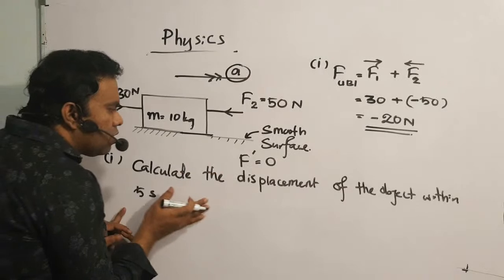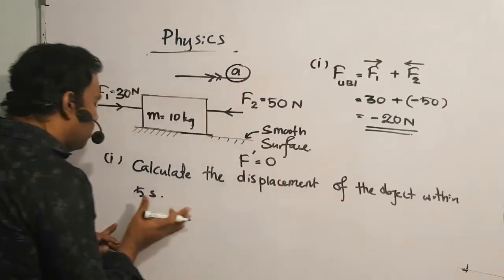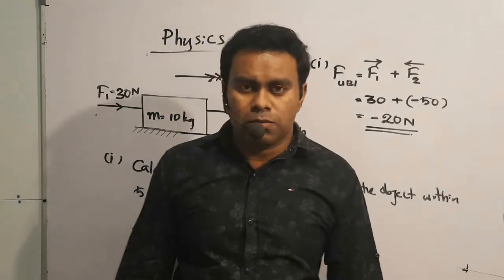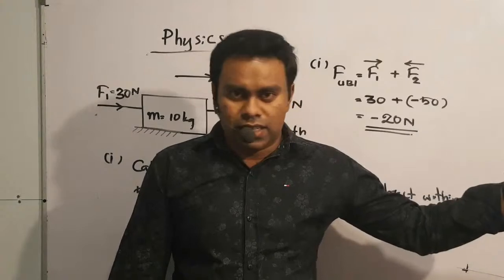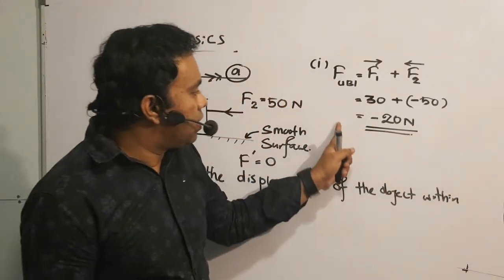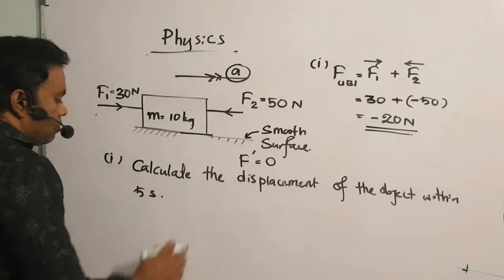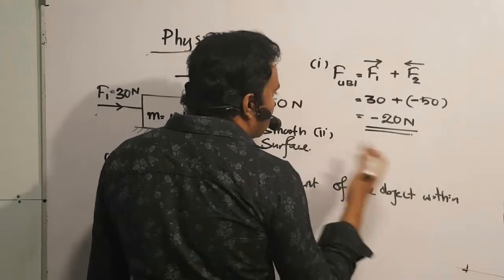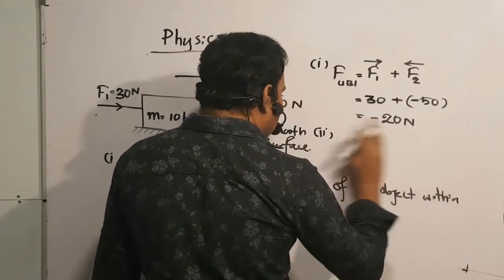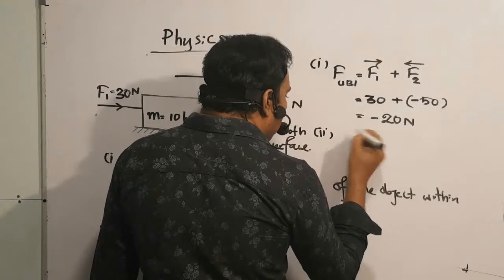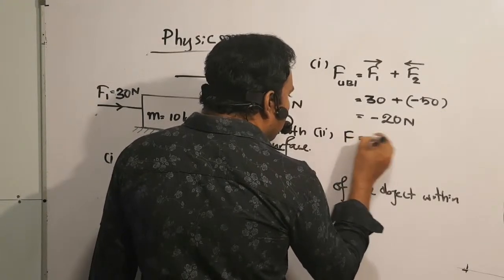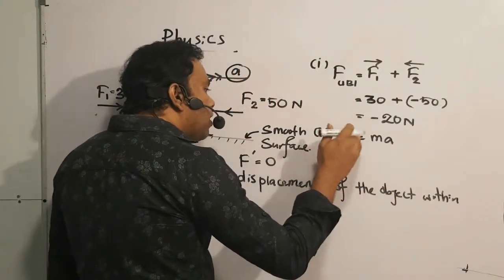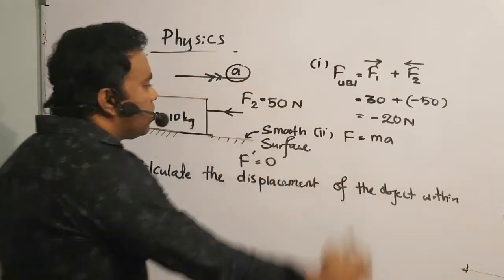But the question asks the total displacement of the object within 5 seconds. So we cannot calculate that at once. First of all, you have to calculate the associated variables. That's the external unbalanced force. Then as a second step, you calculate the acceleration. To find the acceleration, you apply F equals ma, but before that you have to state that by applying F equals ma to the motion of the object.